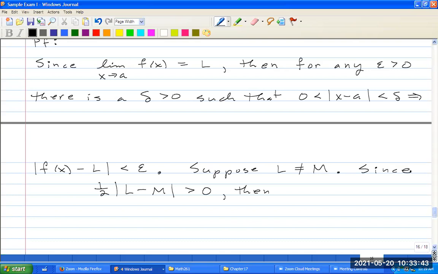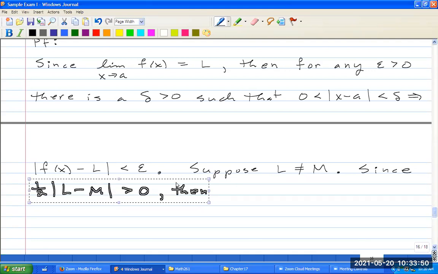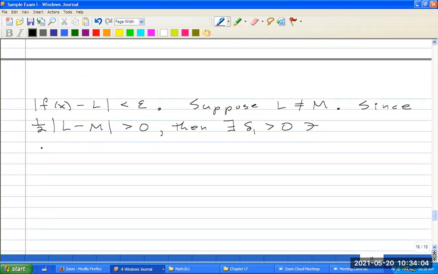Since one half absolute value of L minus M is greater than 0, there exists a delta 1 greater than 0, such that x minus a in absolute value being less than delta 1 implies that f of x minus L is less than 1/2 L minus M. Okay.